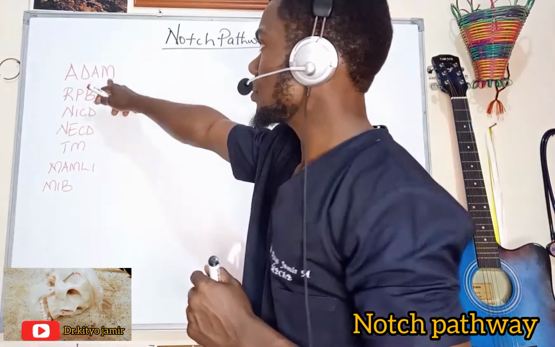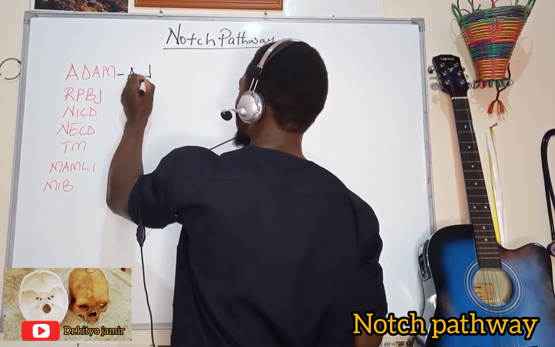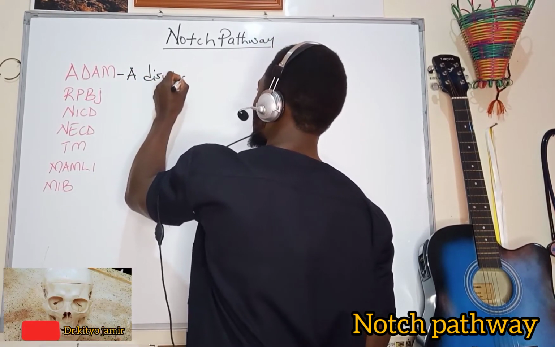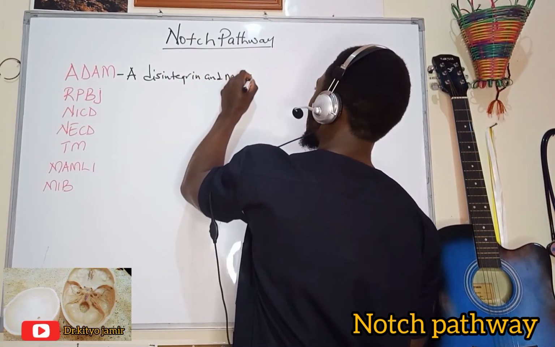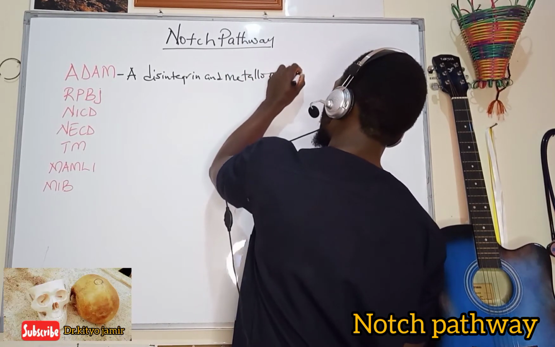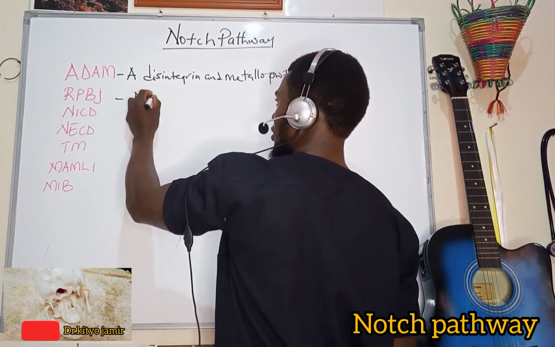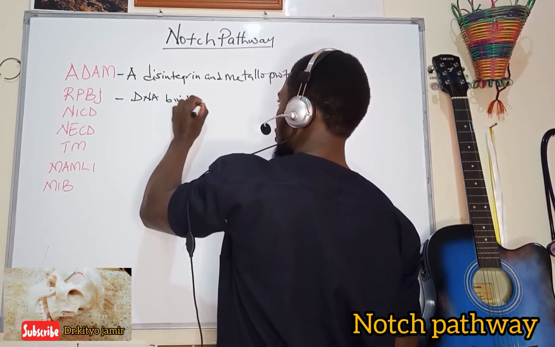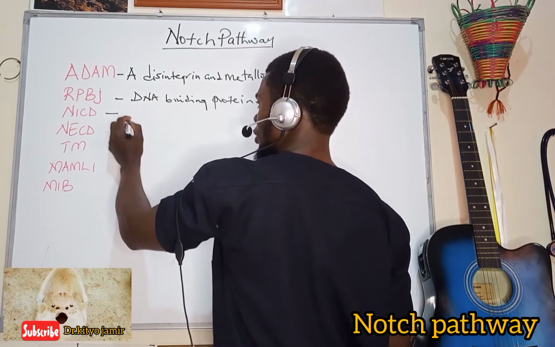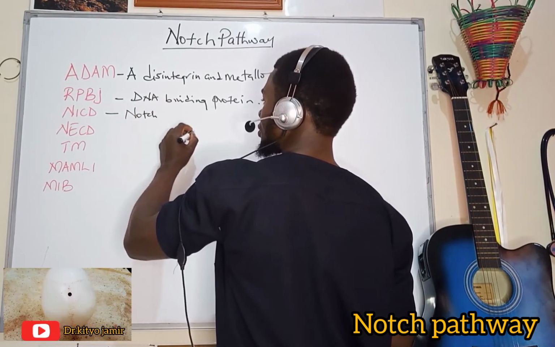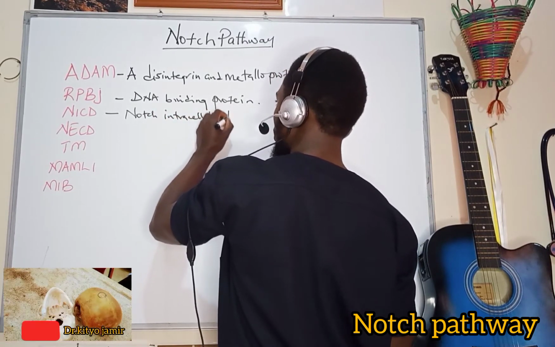We are going to find a protein called ADAM, and this one is a disintegrin and metalloprotease. RBPJ is DNA binding protein. NICD is the Notch intracellular domain.